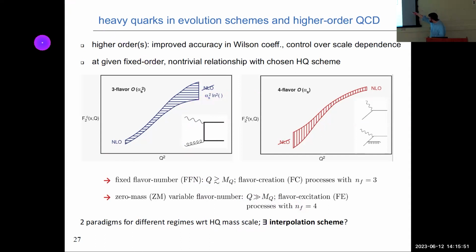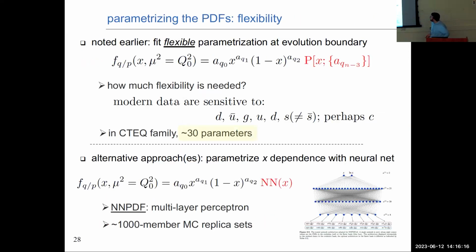The interpolation schemes basically implement some sort of subtraction, such that at low scales something fixed flavor number scheme-like is applicable, and at higher scales I adjust up to a higher number of active flavors and things look more massless, since I'm at a sufficiently high scale relative to the now smallish heavy quark mass. So it's very tricky to do this. If there are questions, please ask me about that, or we could discuss it during the discussion.